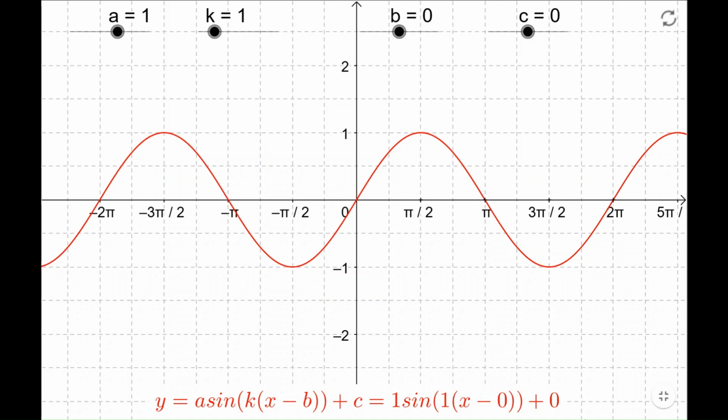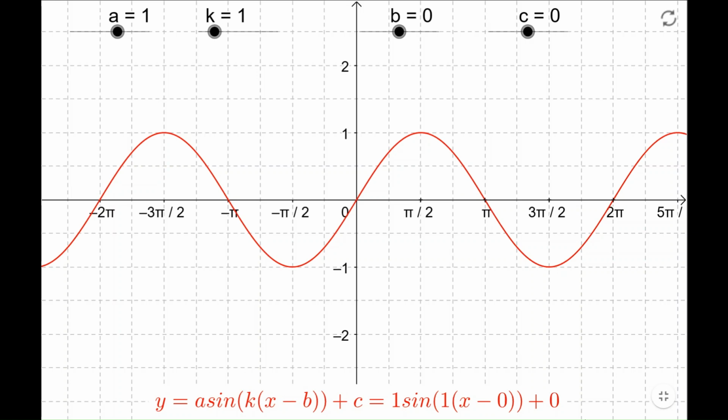And so in this graph here, I just want us to look at the sine function. The standard sine function equation has the form y equals a times the sine of k times the quantity x minus b, and then plus c on the outside.